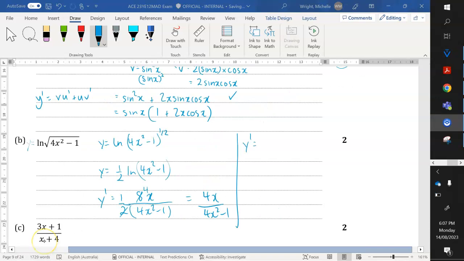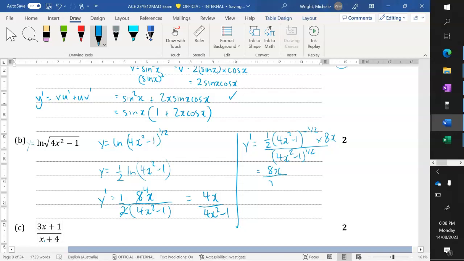Okay, if you didn't see to bring that half down, you can still do it. And it's going to be the derivative on the function. Your function is 4x squared minus 1 to the half. And your derivative is going to be differentiating the whole thing. So you're going to have a half times by 4x squared minus 1 to the minus a half. And you're going to multiply by the derivative inside, which is 8x. What that will then have happened to it is the 8x is on the top.